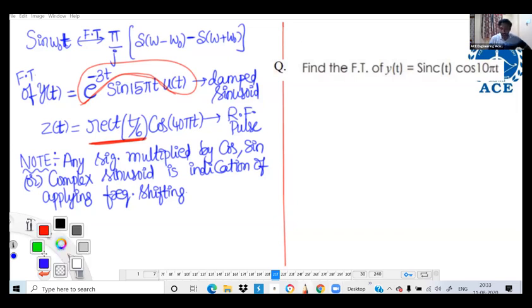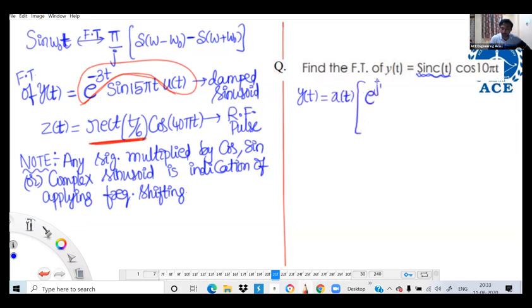Assume sinc t as reference. So it can be written as x of t multiplied by, what is the cos expansion, sir? e power j 10 pi t plus e power minus j 10 pi t, by 2.